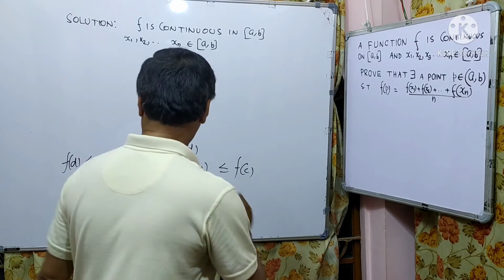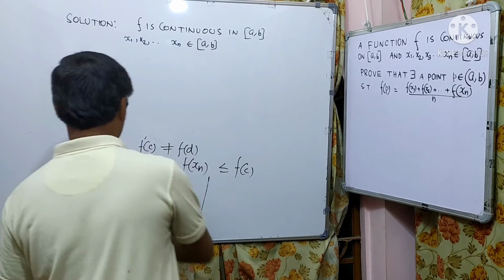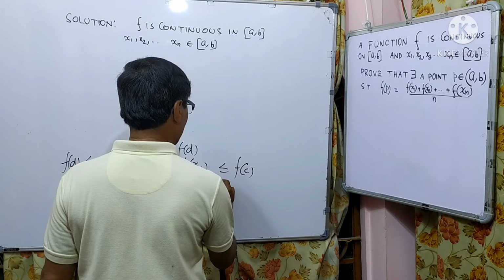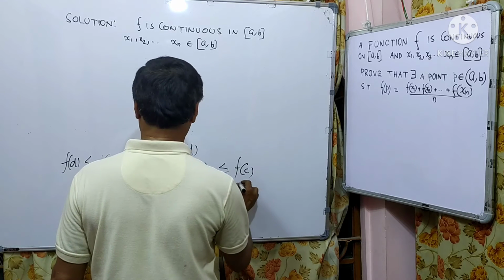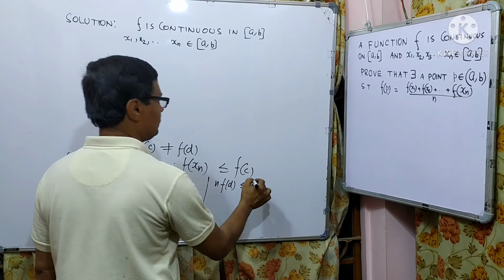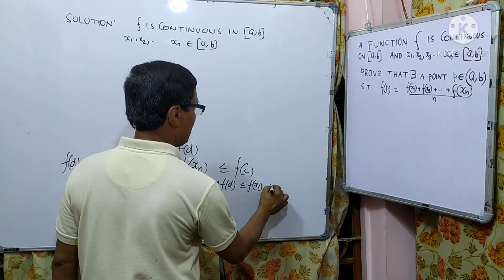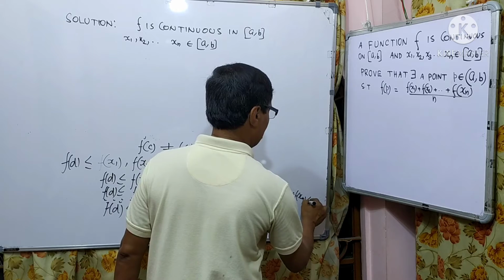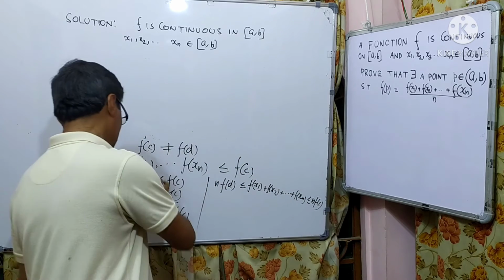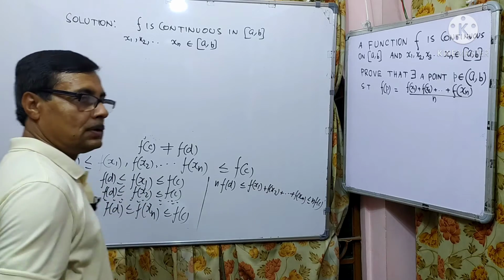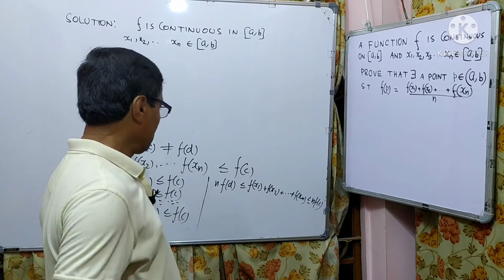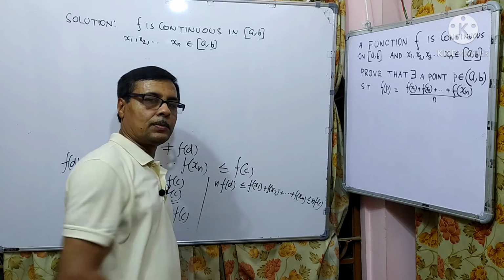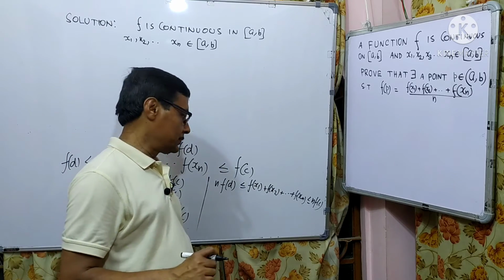If we sum up these inequalities, we get n·f(d) ≤ f(x1) + f(x2) + ... + f(xn) ≤ n·f(c).